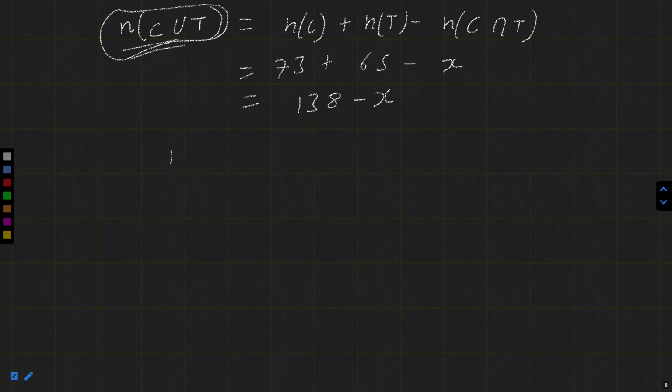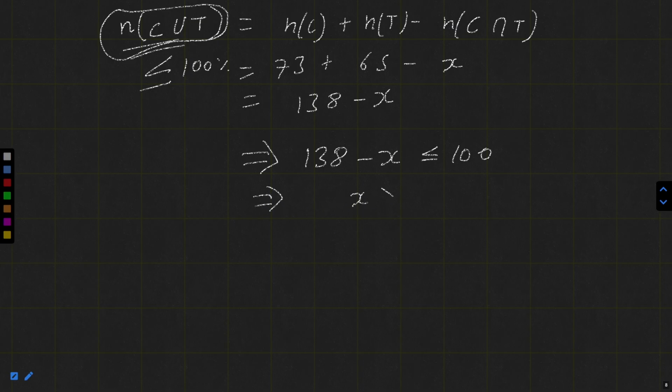So we can arrange the inequality: this is less than or equal to 100%, which implies 138 minus X is less than or equal to 100. Easy. Now if we solve, we will get X must be greater than or equal to 38. We have arrived at this stage.